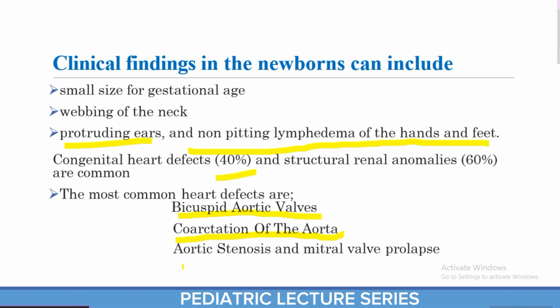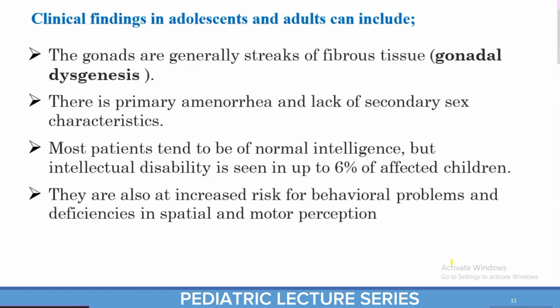Then you have aortic stenosis and mitral valve prolapse, and these are going to affect the ability of the heart to distribute blood to the rest of the body. Therefore, these patients may also present with cyanosis. Then in adolescents, you're going to have streak gonads due to gonadal dysgenesis.